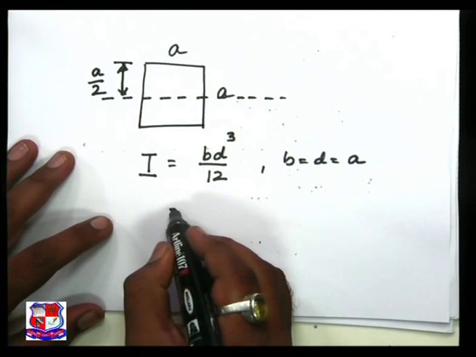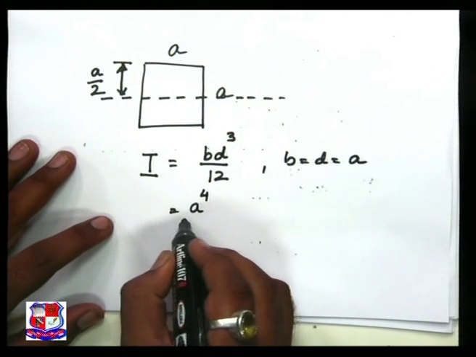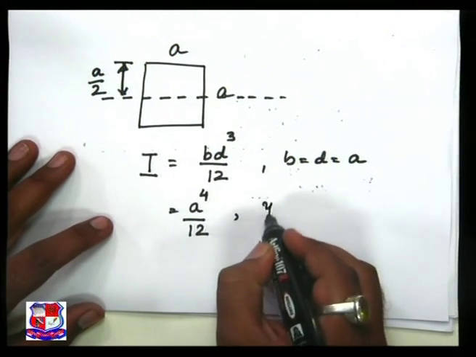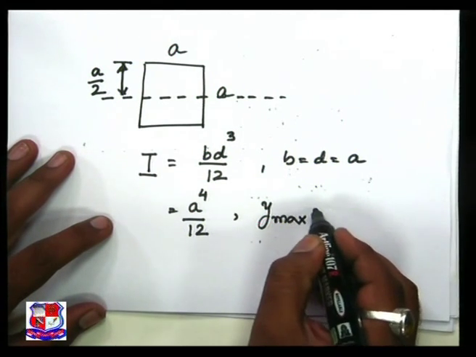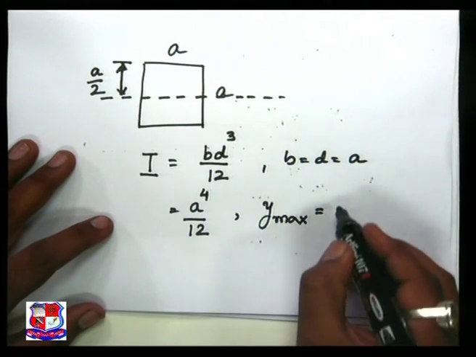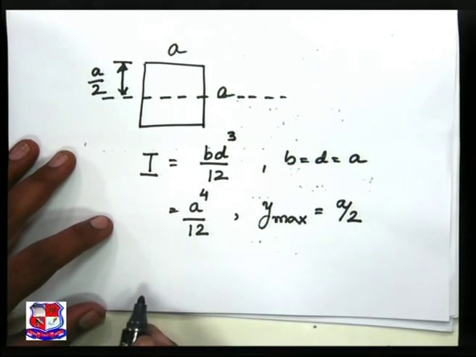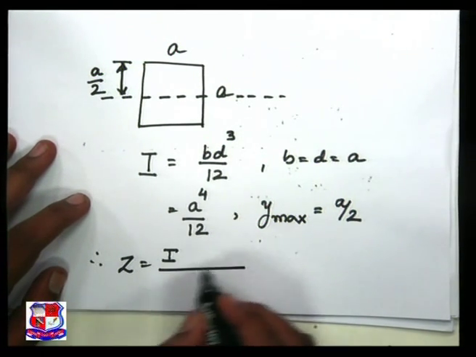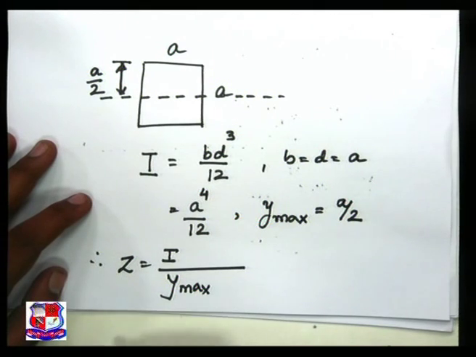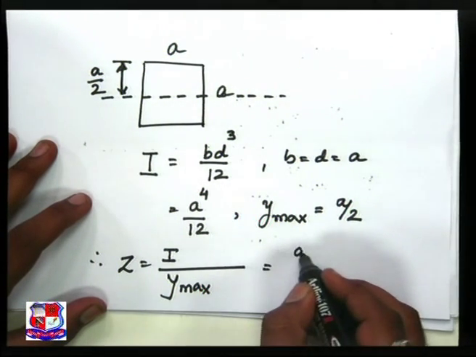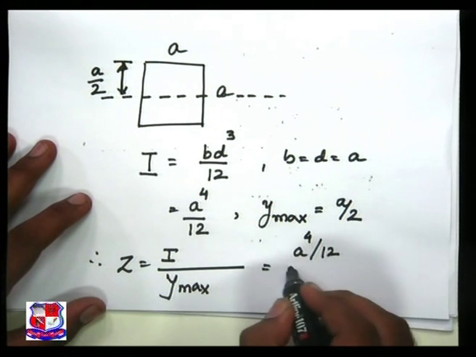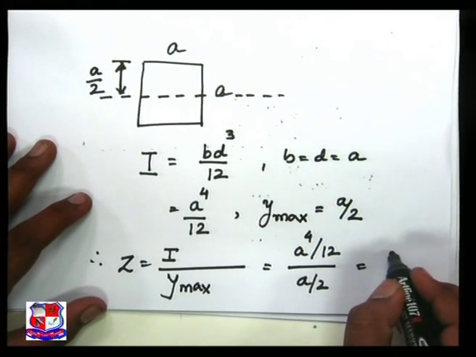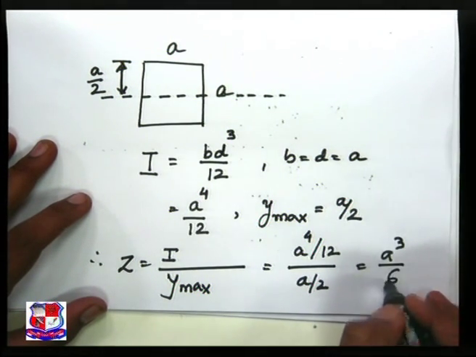So if we replace over here, we achieve a raised to 4 by 12. What is y maximum? Y maximum is nothing but a by 2. Then Z is equal to I by y max is equal to a raised to 4 by 12 divided by a by 2, and we achieve a cube by 6.